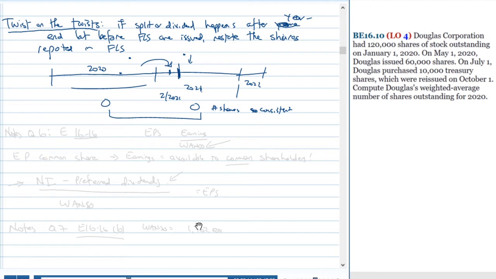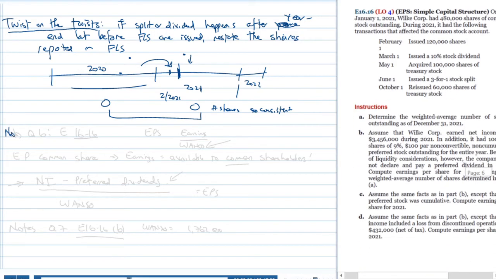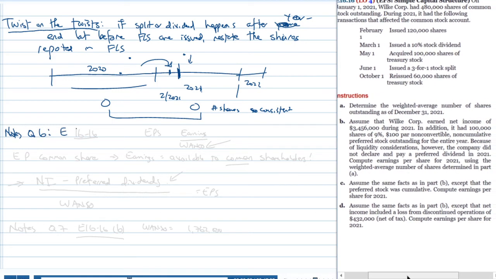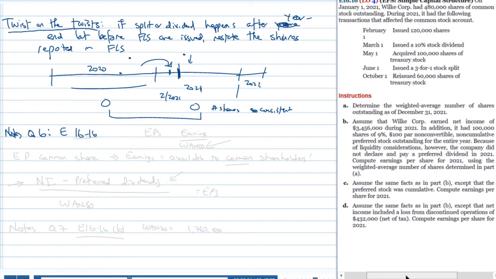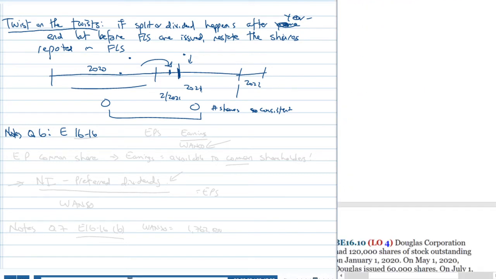All right, so now we are going to do another example, and that will be notes question number 6, exercise 1616. What I'm going to have you do is just do part A, determine the weighted average number of shares outstanding.